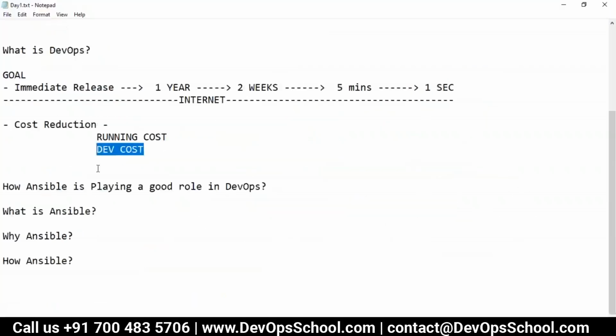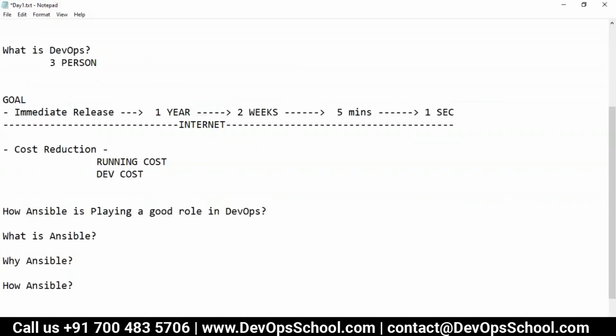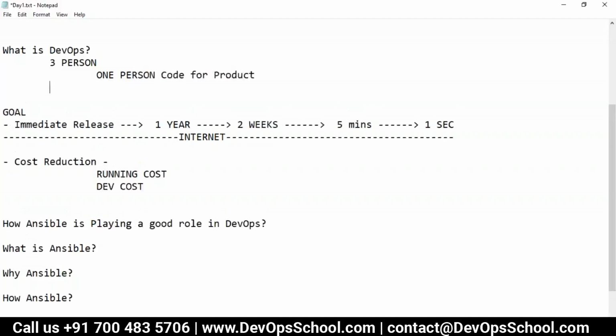In DevOps, you do everything. We only need a 3% person in the team. One person who codes for the product, or codes for testing the product.